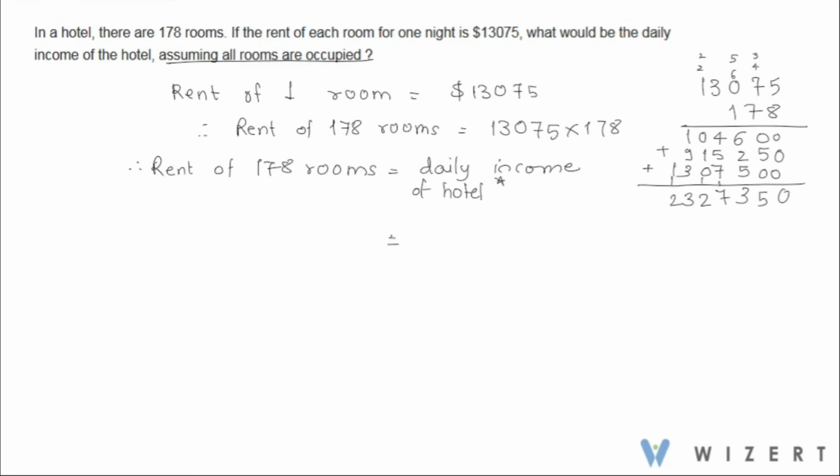It is equal to $23,27,350. So this is the daily income of the hotel, assuming all rooms are occupied. This is the answer.